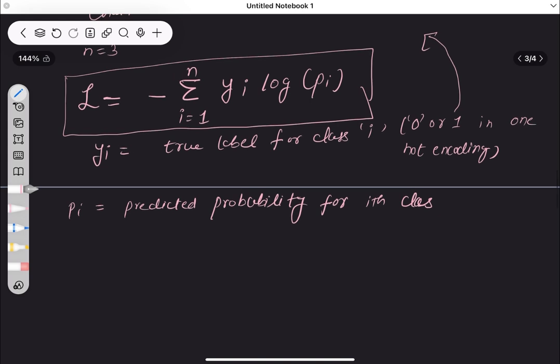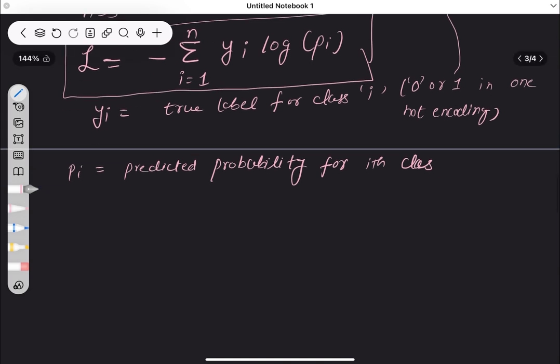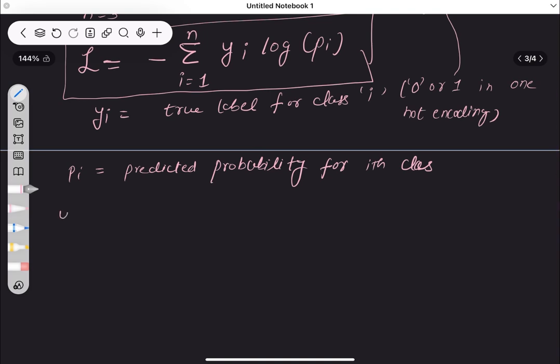So how this works is the true label y is a vector representing the actual class of the sample, like whether it is a chair or a cat or a table. So if the class k is the correct class for a given example, then the vector y is one hot encoded, meaning all elements except yk are 0, right?